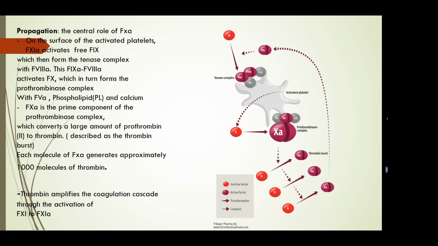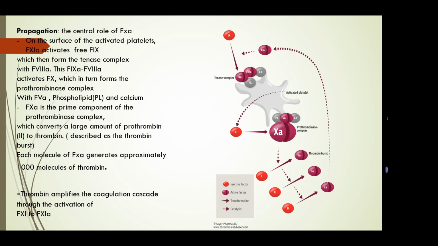Okay, the thrombin that is being generated. This is the tenase complex, as you can see in the diagram. This is the prothrombinase complex, which converts a large amount of prothrombin to thrombin.